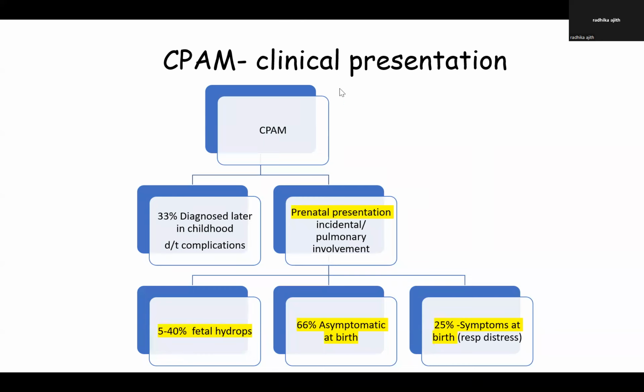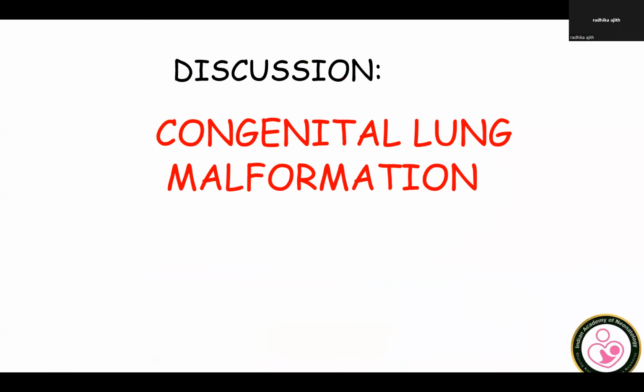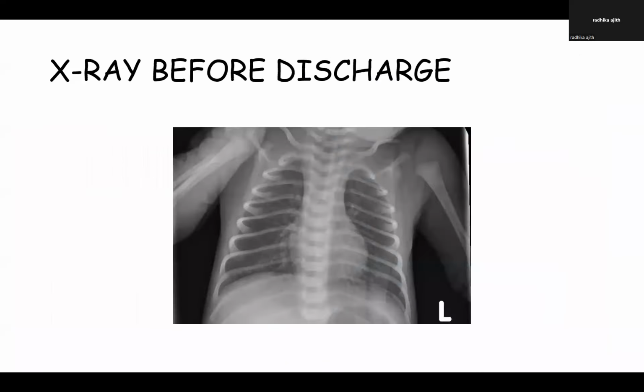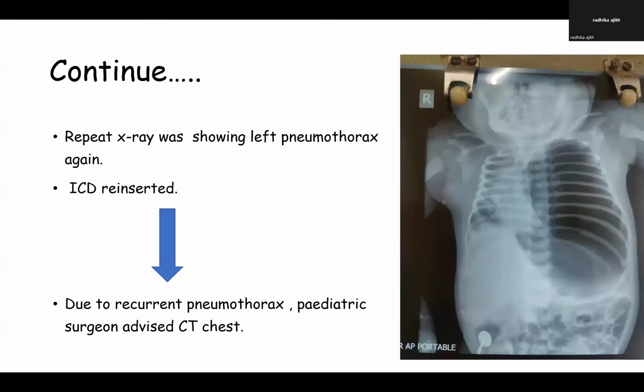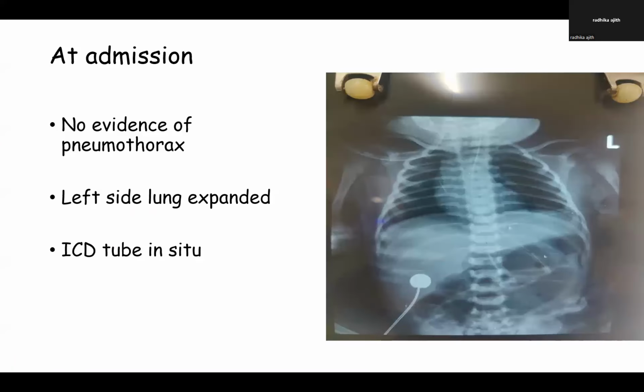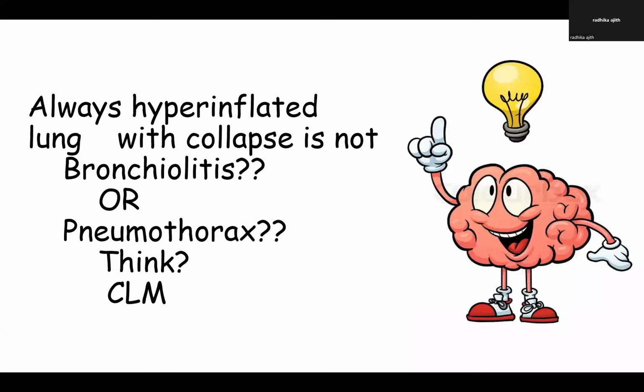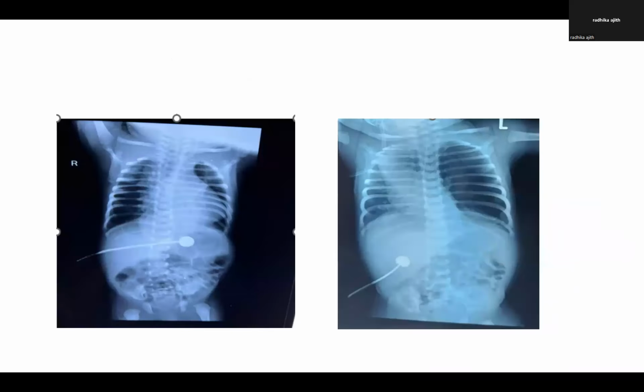I think both the cases were operated by ma'am, and today's main highlight was that with improvement in antenatal diagnosis, many of these cases are picked antenatally. But both our cases were not detected antenatally, and they presented as respiratory distress in the neonatal period.